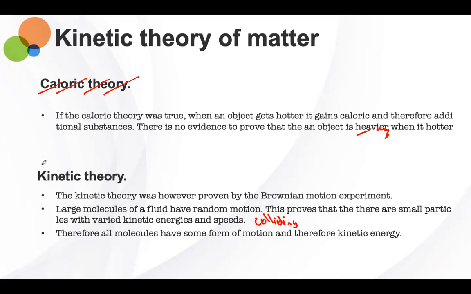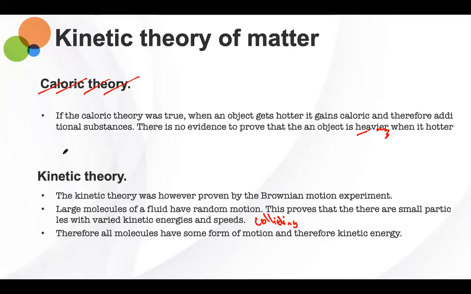But the kinetic theory, right? We can prove the kinetic theory by Brownian motion. And we said this yesterday. Remember we spoke about the Brownian motion? I'll repeat it one more time. If we observe large molecules, they will have a random motion in the air.